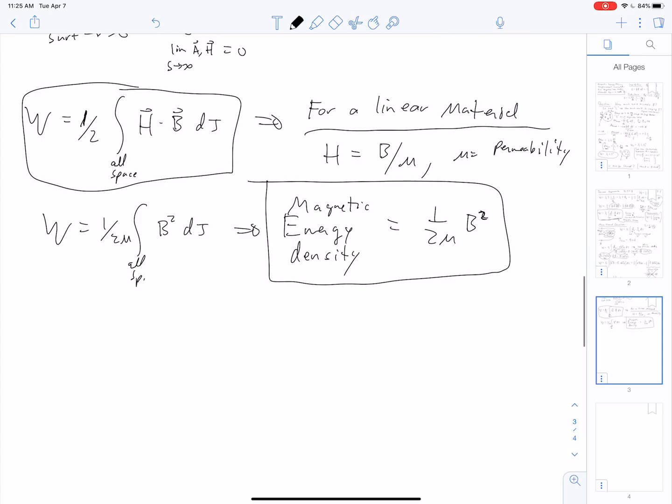So that's the energy stored in the magnetic field. We can call this U sub M, and that's the energy per volume stored in a magnetic field.